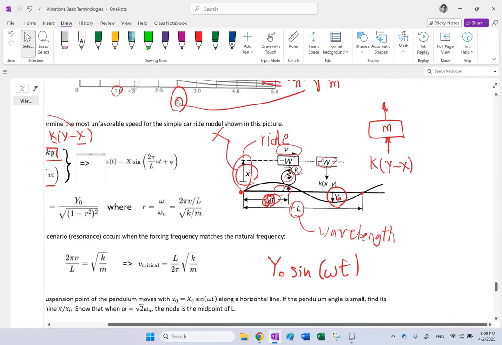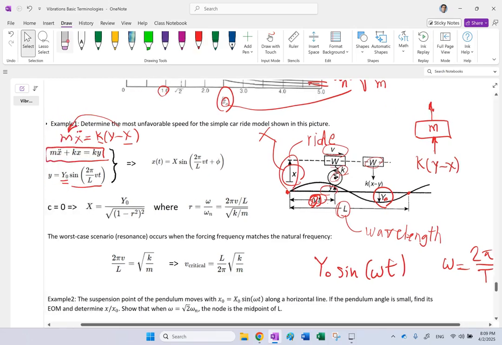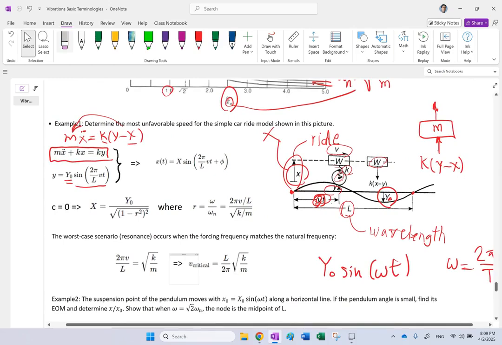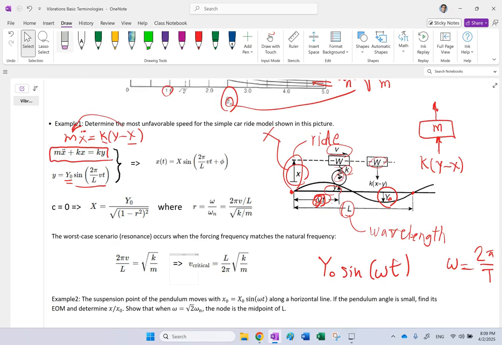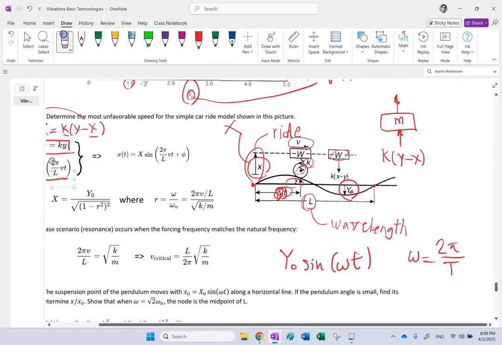If the signal was versus time, remember omega was what? It was 2 pi over T. If the signal was in the time domain, but this is not in the time domain, it's in the x domain. This signal here is not sine of omega times t. Actually, it is sine of omega times x.